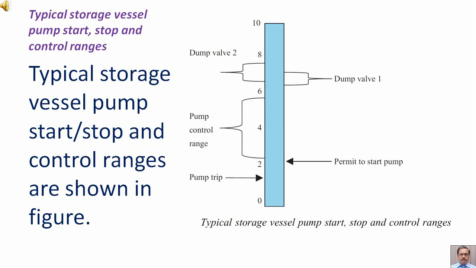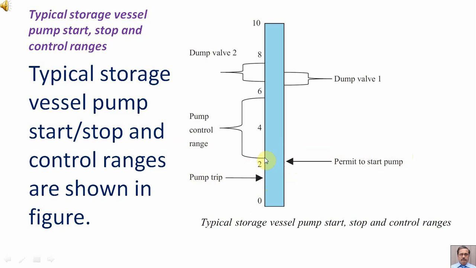Typical storage vessel pump start, stop and control ranges are shown in figure. In this figure we can see that if the level drops below 2 meter, the circulation pump shall trip, and if the level reaches a little above 2 meter, the circulation pump is given permission to start.